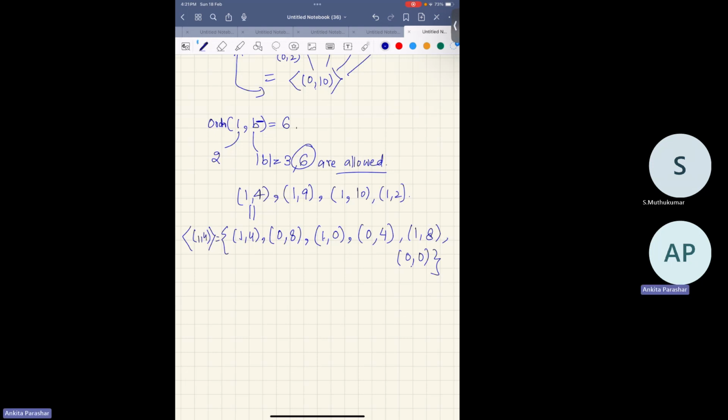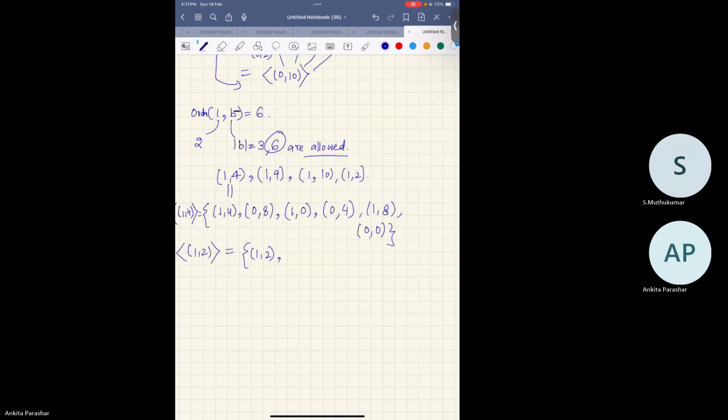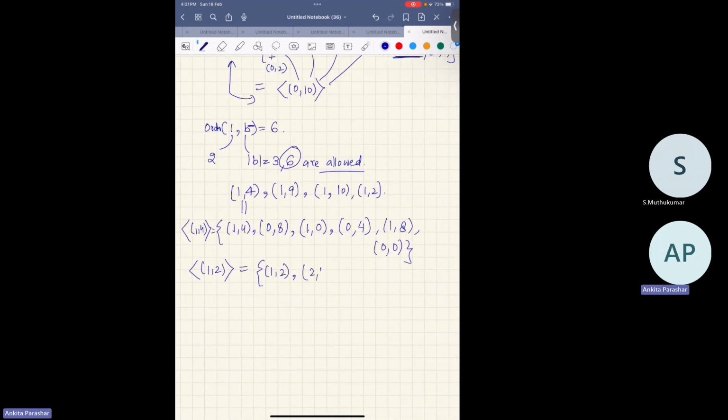Since 1, look at 1, 2. What do you say? That will be 1, 2. So next is 2, 4, which is 0, 4.